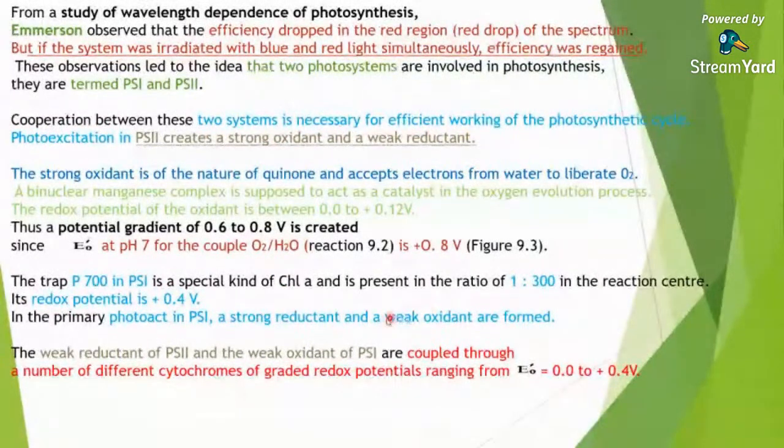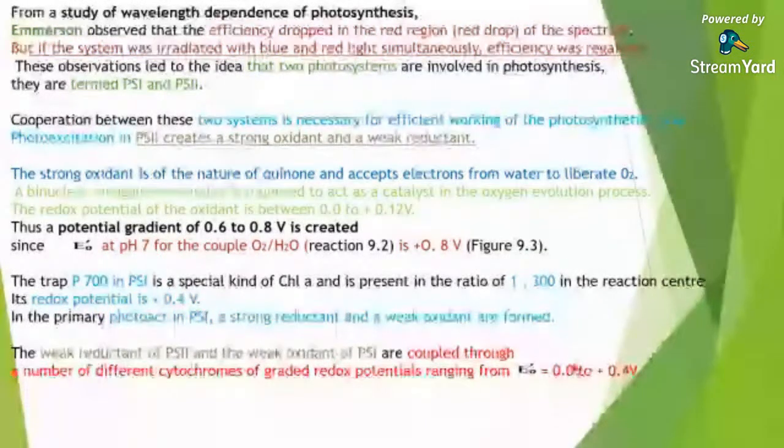Now the weak reductant from PS2 and the weak oxidant from PS1 couple through a number of different cytochromes, of graded redox potential ranging from 0.0 to 0.4 volt.